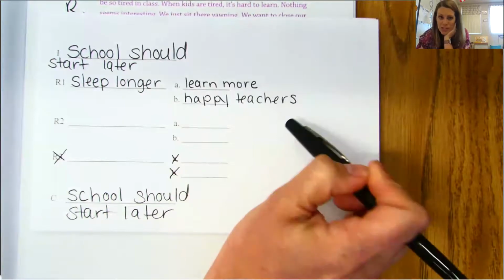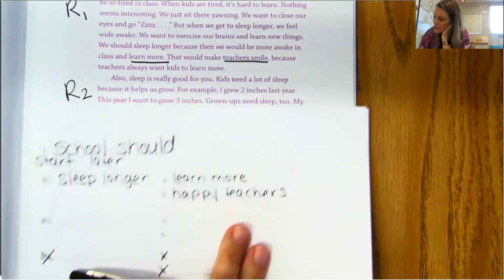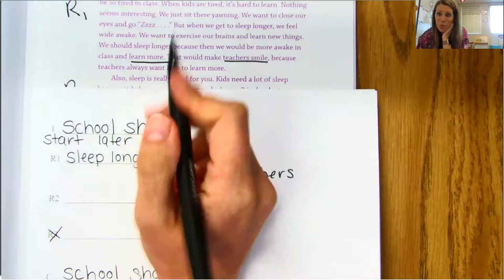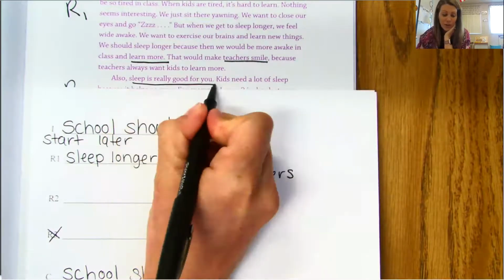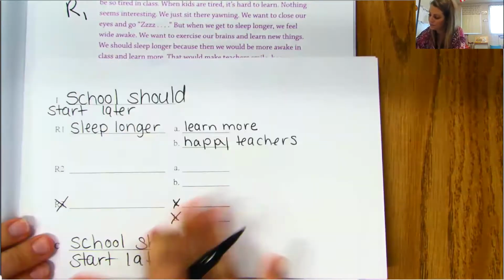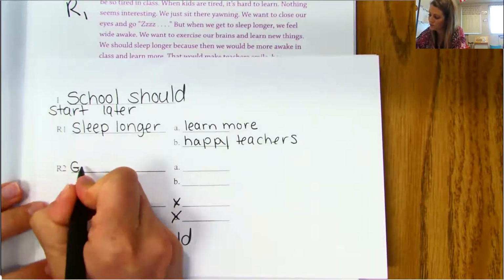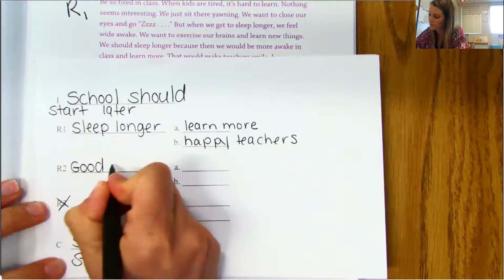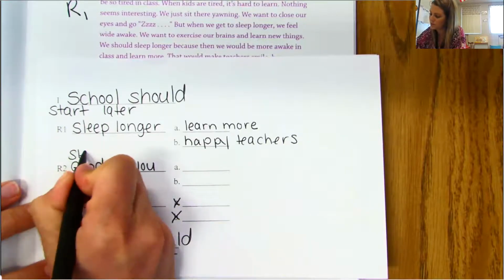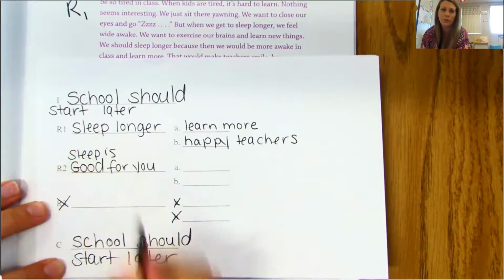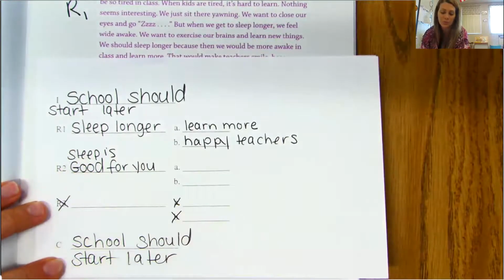That makes the teachers happy. But they're also saying that we need sleep, and sleep is really good for you, right? Let's maybe put sleep is good for you. That's our reason number 2.